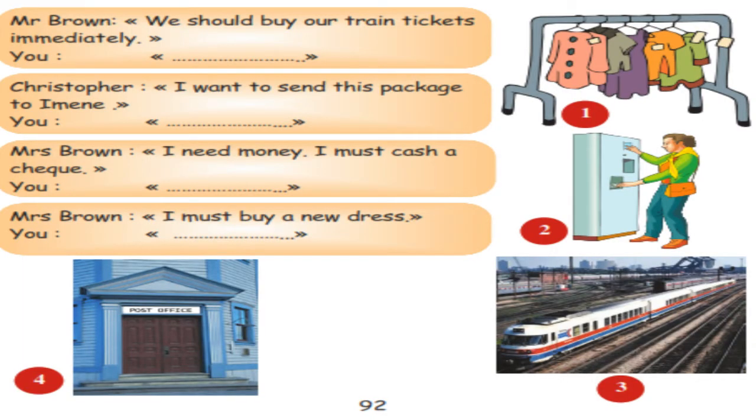With the other dialogues here, we have Mr. Brown, Christopher, Mrs. Brown, and Mrs. Brown. So I would like you to do it. I'll give you 2 minutes to do that, right? And then we'll go through these mini dialogues one by one, okay?